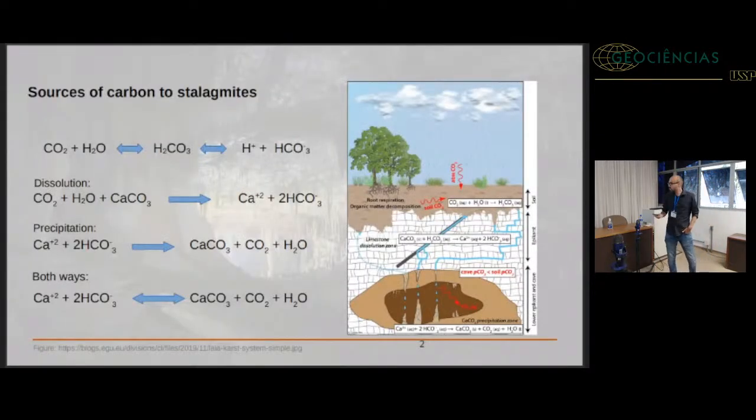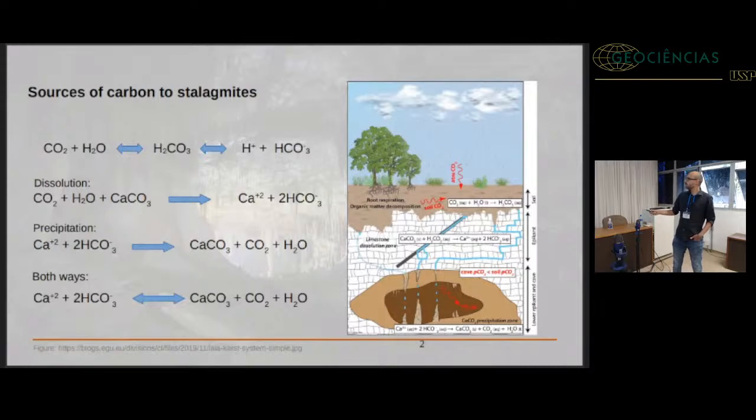So Max already presented these equations to you yesterday, about the solution of the limestone and then the precipitation of calcite here. To be able to interpret our δ13C, we need to understand where this carbon comes from. Our carbon is here in our stalagmite, this calcium carbonate.